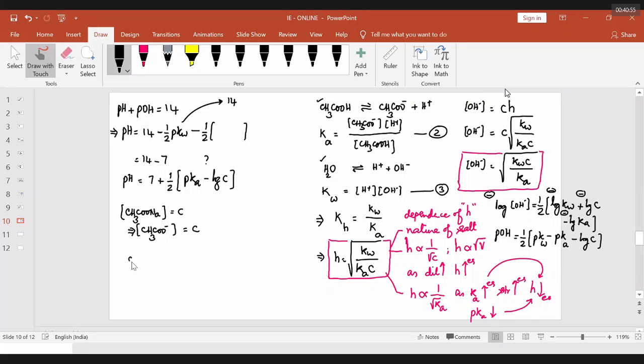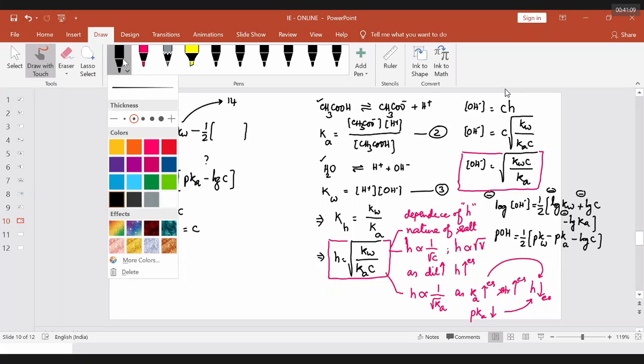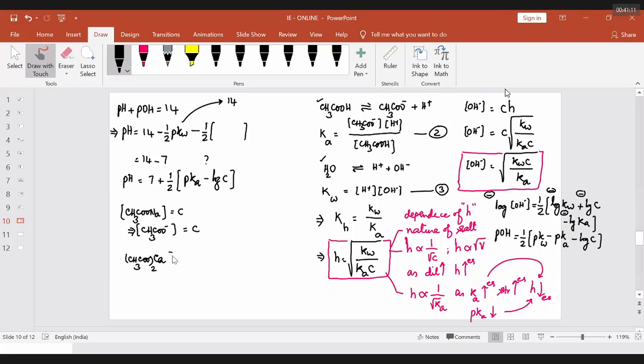No, because if you take this salt, calcium acetate, is it not a salt of weak acid and strong base? Yes. If you have that type of story, then the problem will be of a different style. If the concentration of calcium acetate is equal to C, what is the concentration of the ion which undergoes hydrolysis? This is 2C.